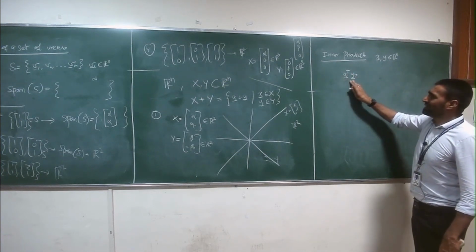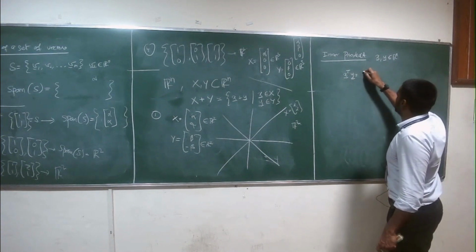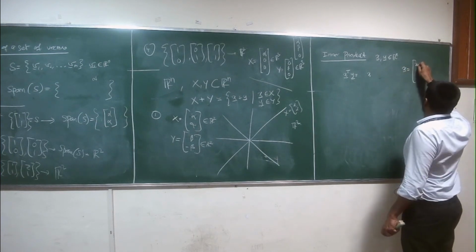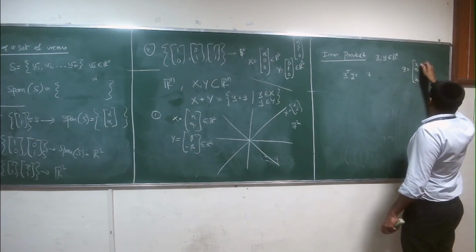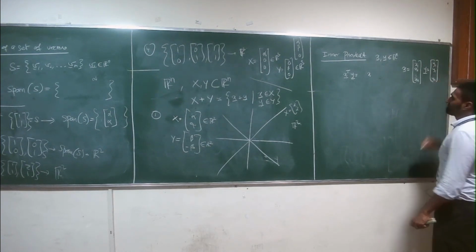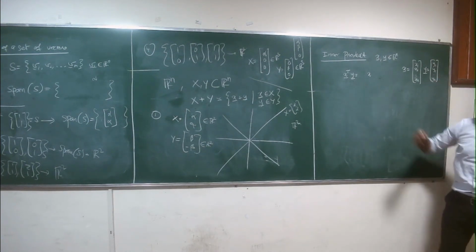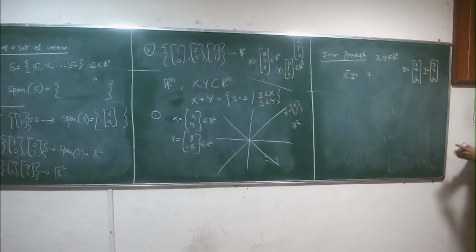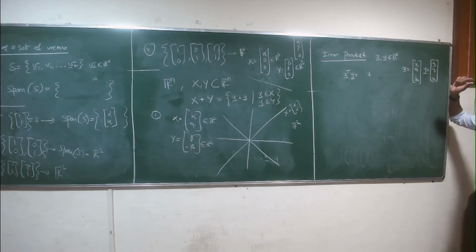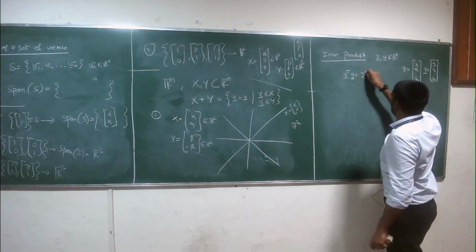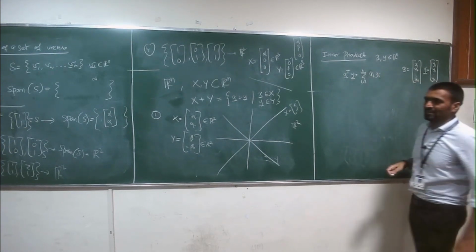What this means is, the vector x has elements x1, x2, up to xn, and y has elements y1, y2, up to yn. When you take the inner product, you multiply the corresponding elements with the same index values, and you simply add the products of all these. It means you multiply xi with yi and sum over i. That's the definition.